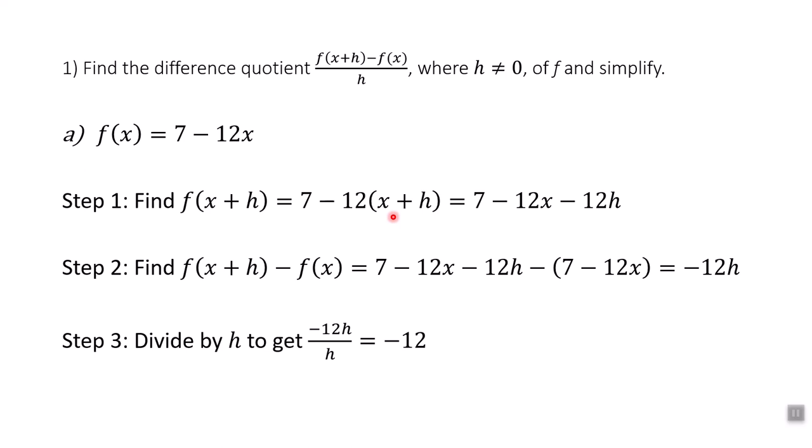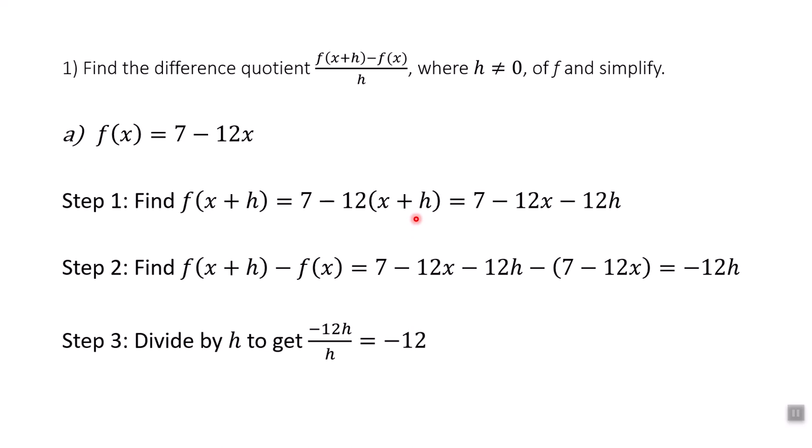I put x plus h in there because we're not evaluating x anymore. It's not 12 times x. It's now 12 times x plus h. So 7 minus 12 times x plus h, we could distribute that negative 12, and it becomes 7 minus 12x minus 12h.